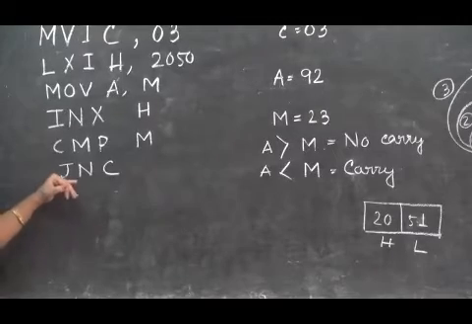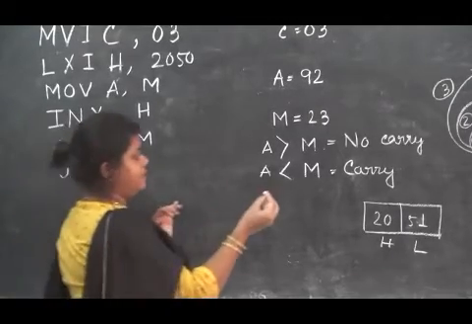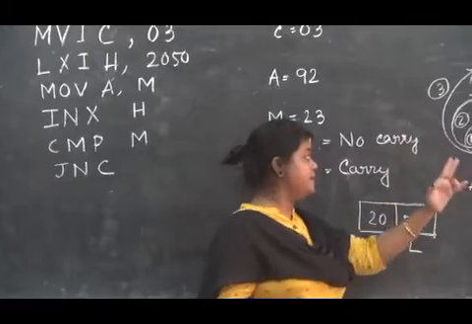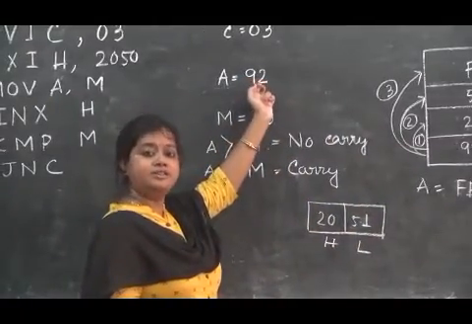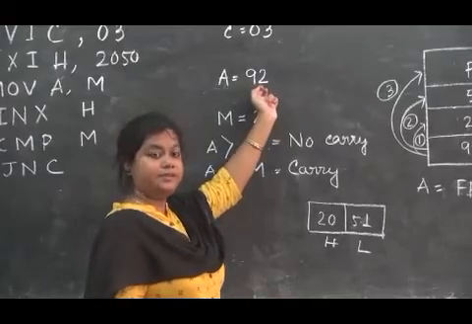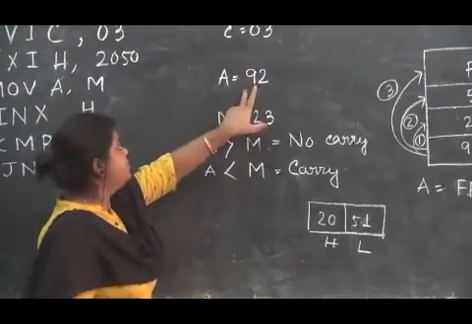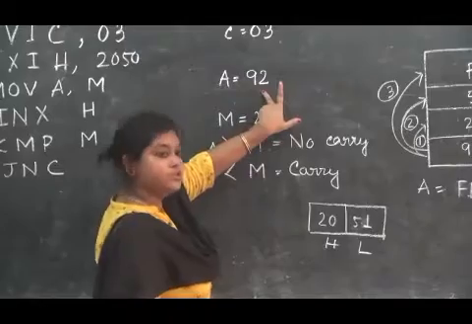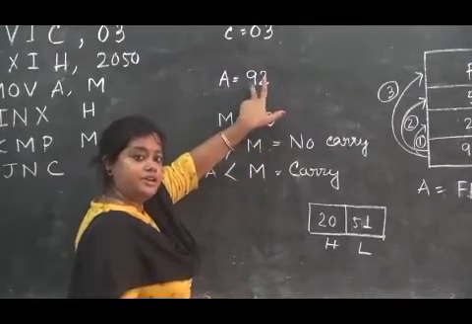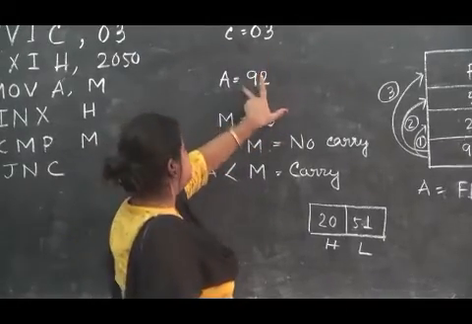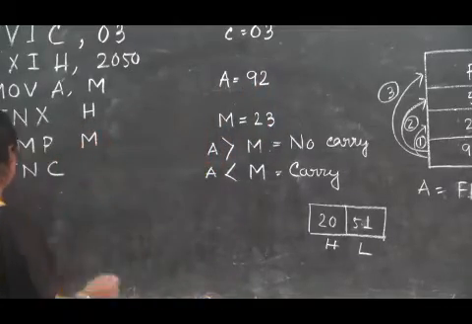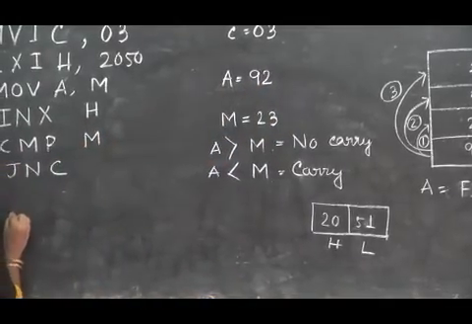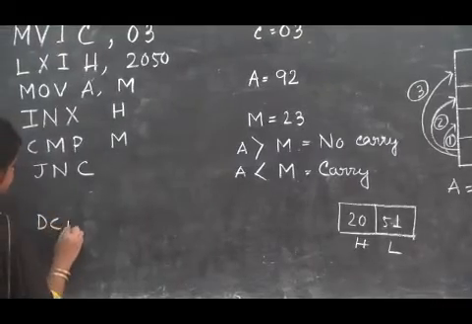I said earlier that the accumulator must contain the larger number. In this comparison, we can see that the accumulator is 92, the largest number is in the accumulator, so there is no replacement. So we only decrement the DCR value.